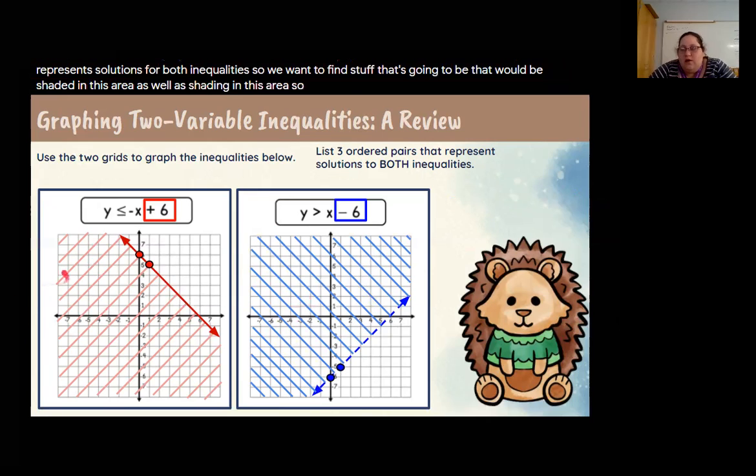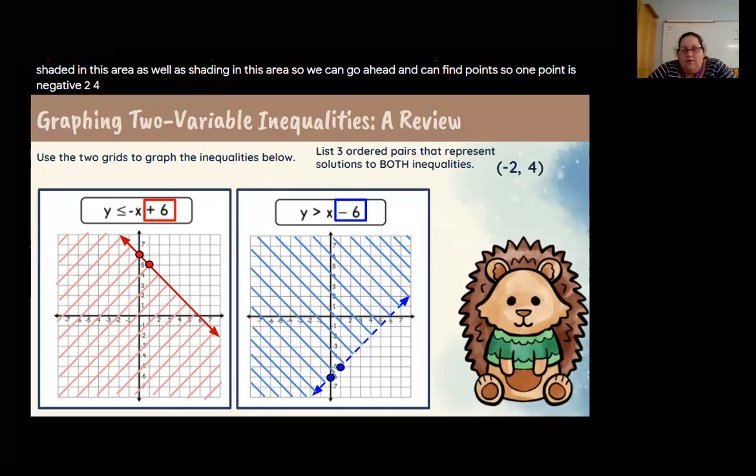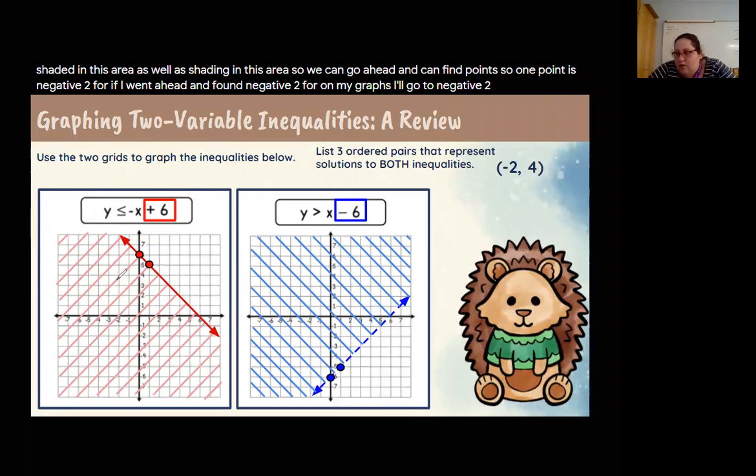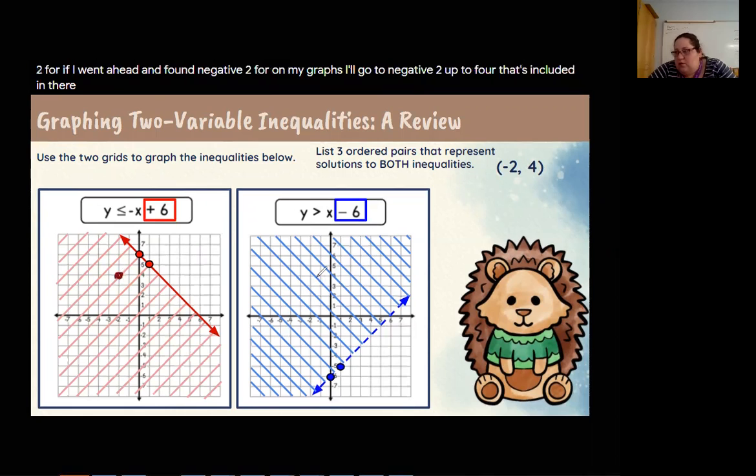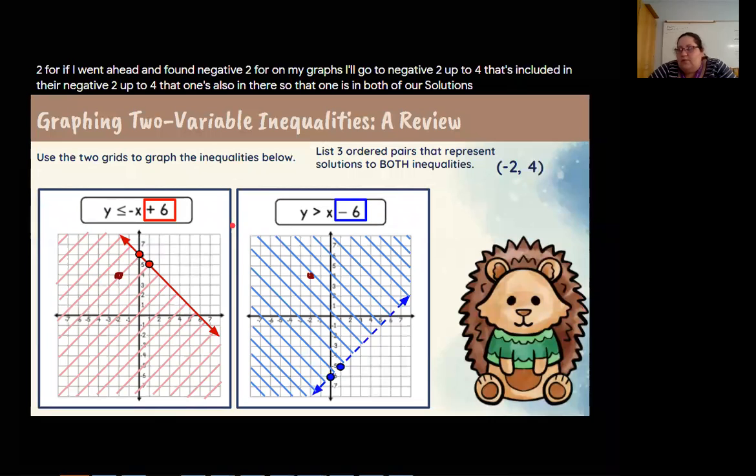So we can go ahead and find points. One point is (-2, 4). If I find (-2, 4) on my graphs, I go to -2, up to 4. That's included in there. That one's also in there. So that one is in both of our solutions. It's in both shaded areas.